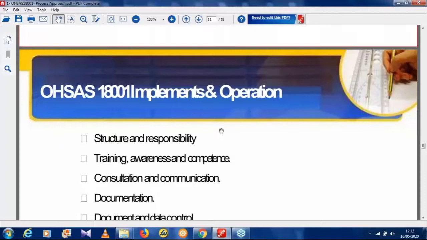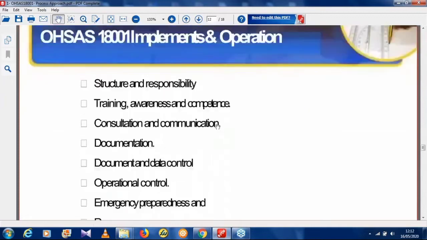Now, for the implementation and operation of 18001, we look at some key areas. Number one is structure and responsibility, which I just started discussing earlier. Then training, awareness, and competence. Yes, that's a very key part.